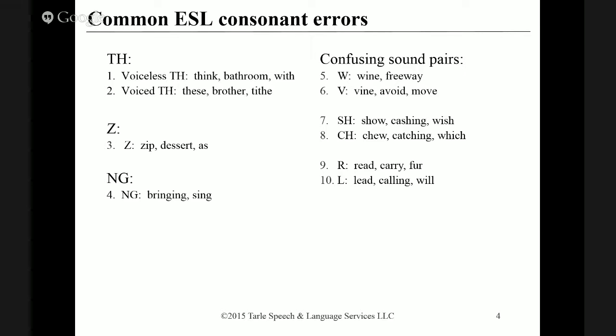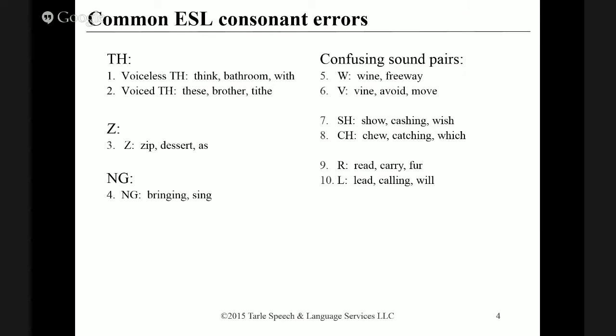And the biggest mistake that I hear from people is the TH sound. There are 2 different TH sounds. The voiceless TH, that's the very soft TH sound. Think bathroom and with. And then the voiced TH sound. It's a little bit harder. These, brother, and tie.